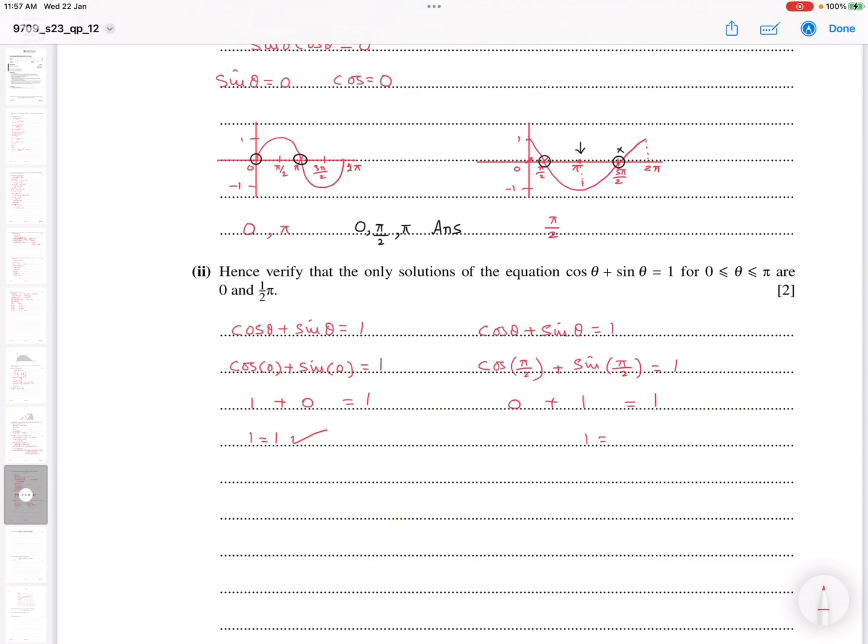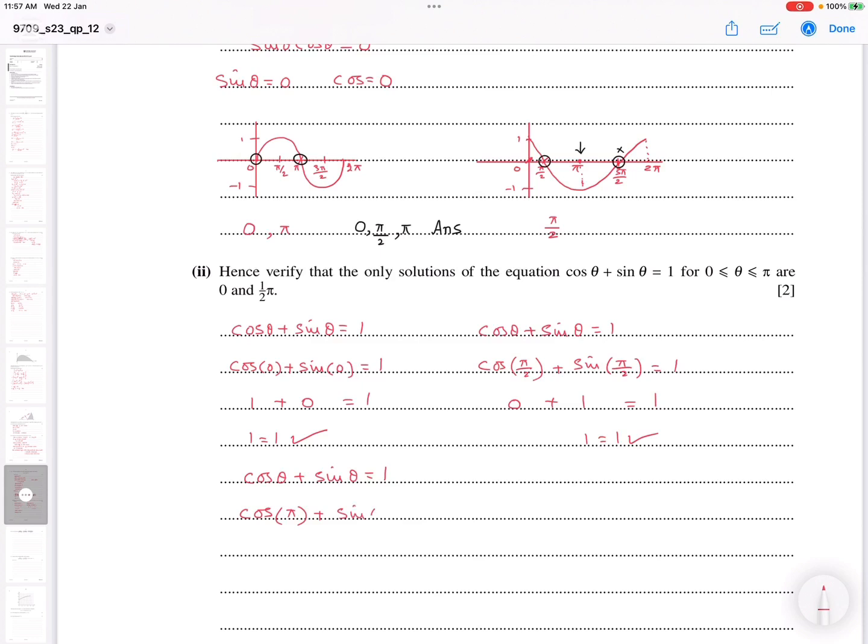So 1 equals 1. Right. Now try the last, cos theta plus sine theta is equal to 1, and now place pi.